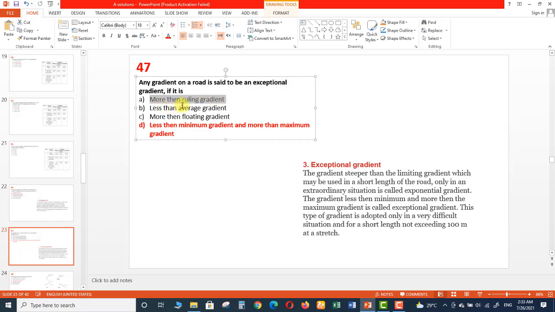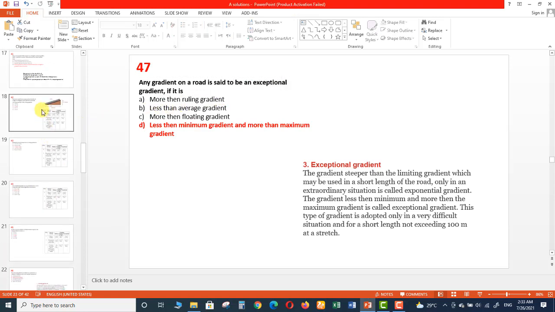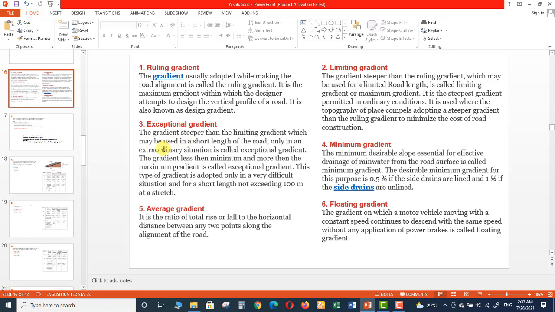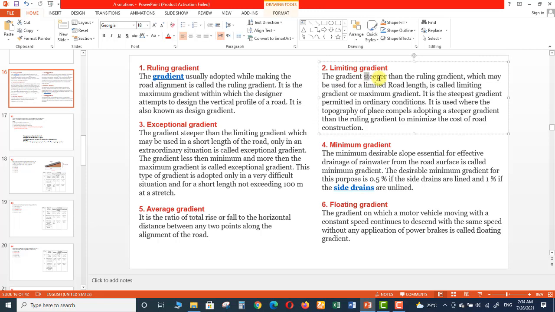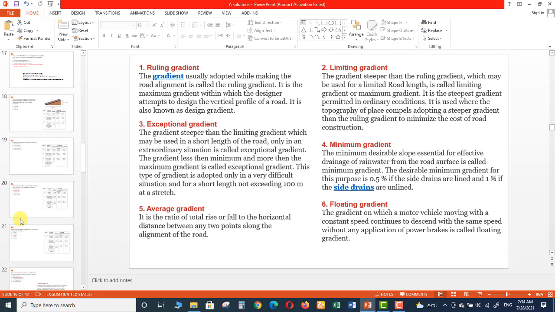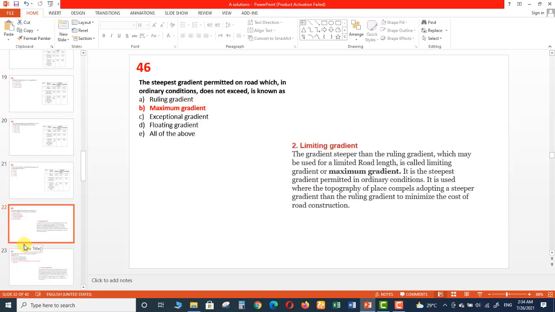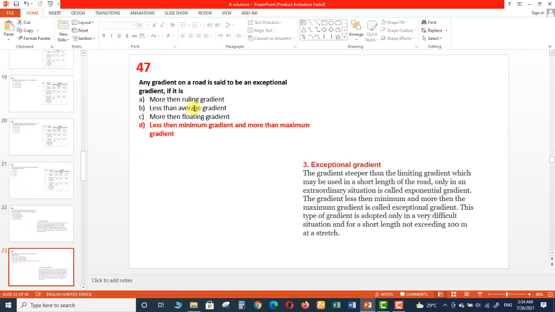No, because if it is more than ruling gradient, we call it limiting gradient. The gradient steeper than ruling is called limiting gradient, right? That's why option A is wrong. Next, less than average gradient. C is more than floating gradient. The last option is less than minimum gradient and more than maximum gradient.